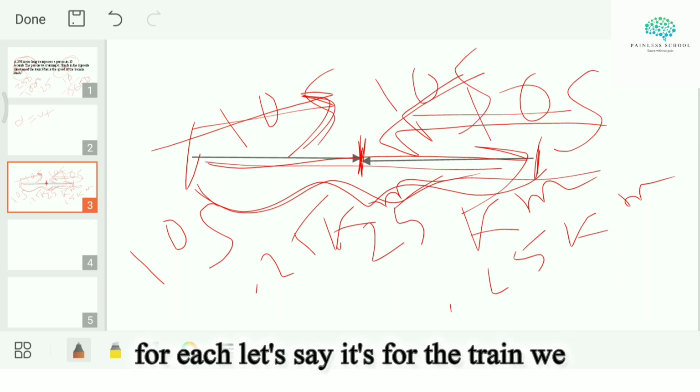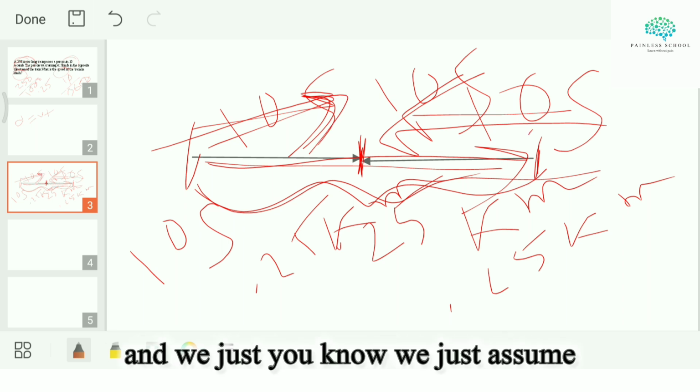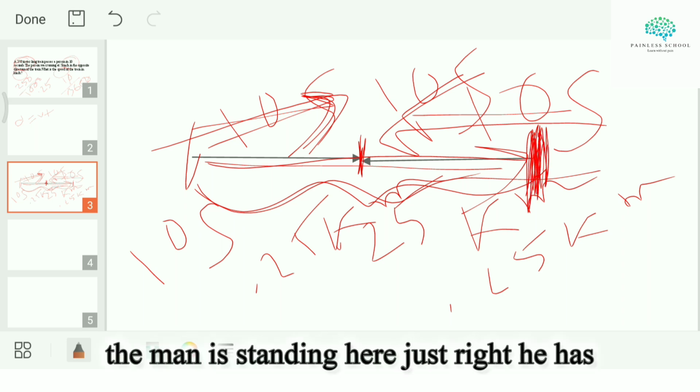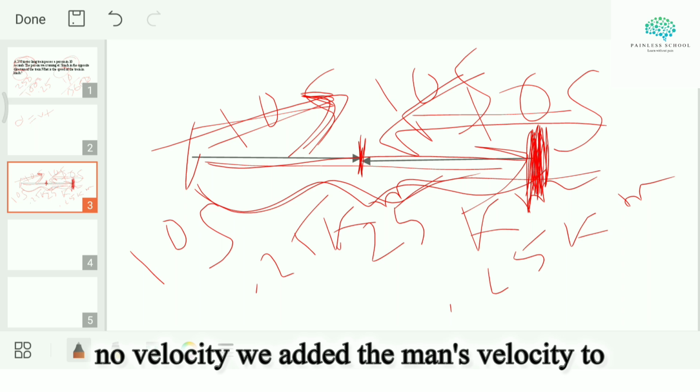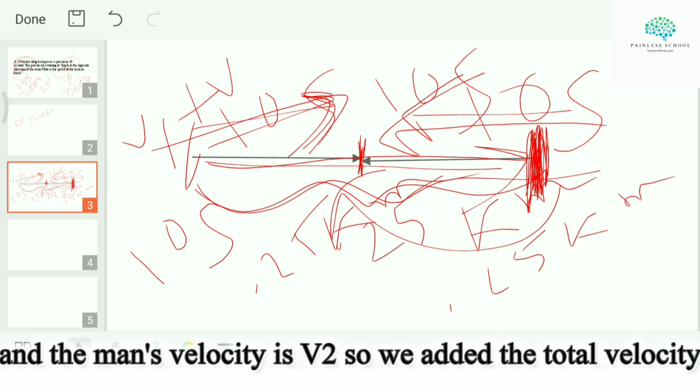Let's say it's for the train. We have the 10 seconds for the train, and we just assume that the man is standing here. The man is standing here, he has no velocity. We added the man's velocity to the train's velocity. Say the train's velocity is v1 and the man's velocity is v2.